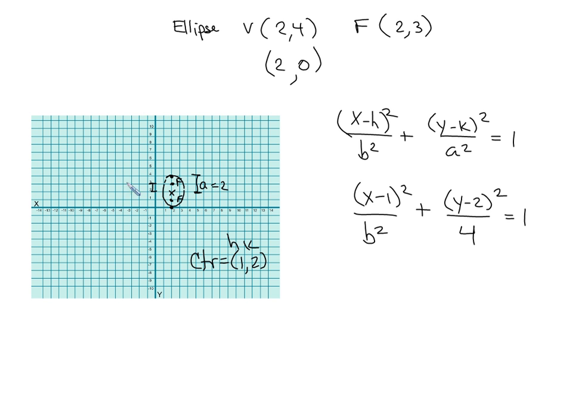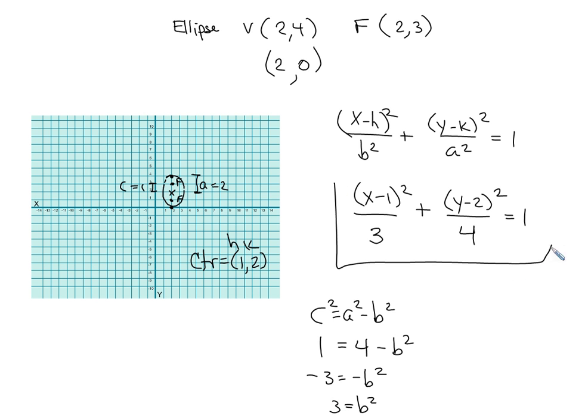From the center to the focus is 1, so c equals 1. And we know that c squared equals a squared minus b squared. So 1 squared is equal to 2 squared minus b squared. Negative 3 equals negative b squared. b squared equals 3. And we're done.